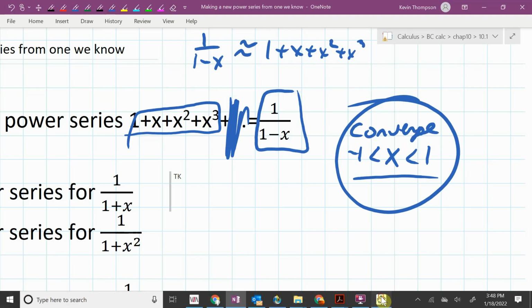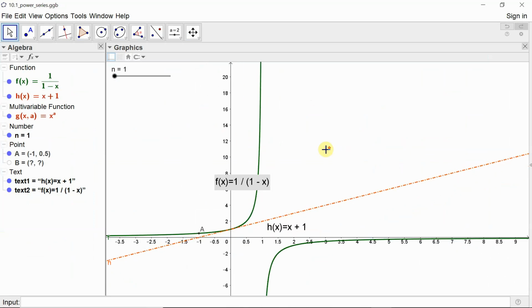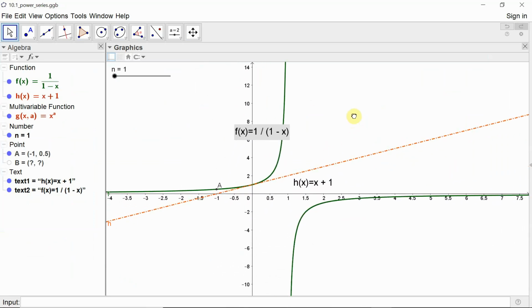Let me show it to you graphically. So I have a function, 1 over 1 minus x, right? That's what we have, A1 over 1 minus r. I have the first 2 terms here being written, 1 plus x.